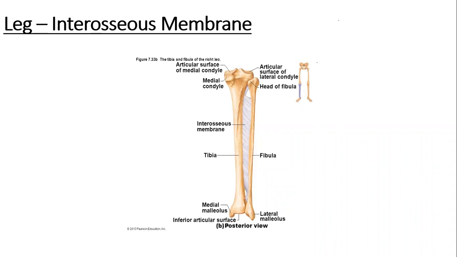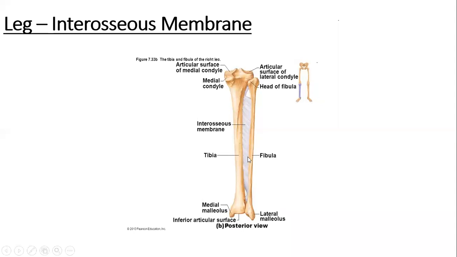And it gets attached over their respective interosseous borders. The direction of the fibers of the interosseous membrane is that they run obliquely downward and laterally towards the fibula.